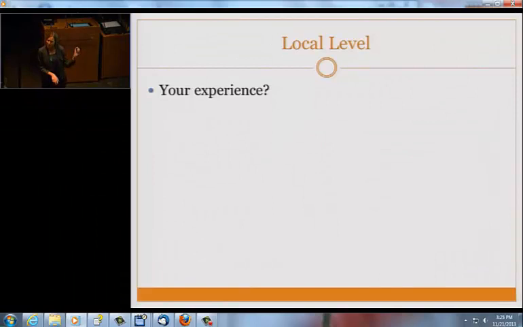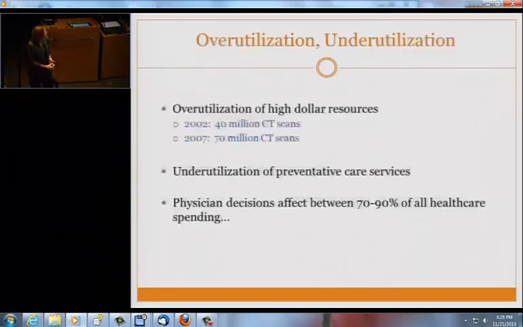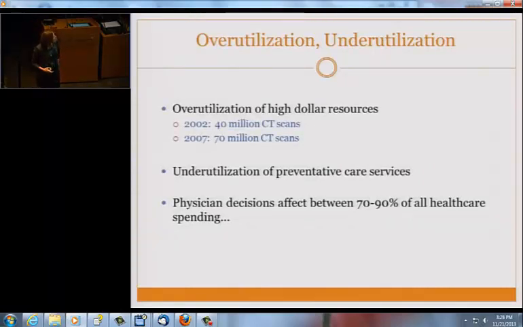Okay, any other comments? Is this information surprising to anybody? No, you kind of know that it happens, right? Overutilization and underutilization is part of this variation piece. In 2002, we had 40 million CAT scans. In 2007, 70 million were performed annually.